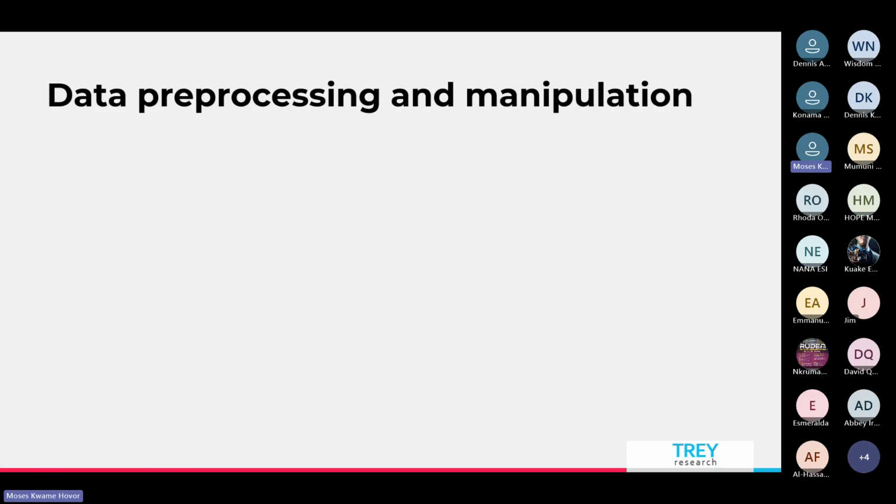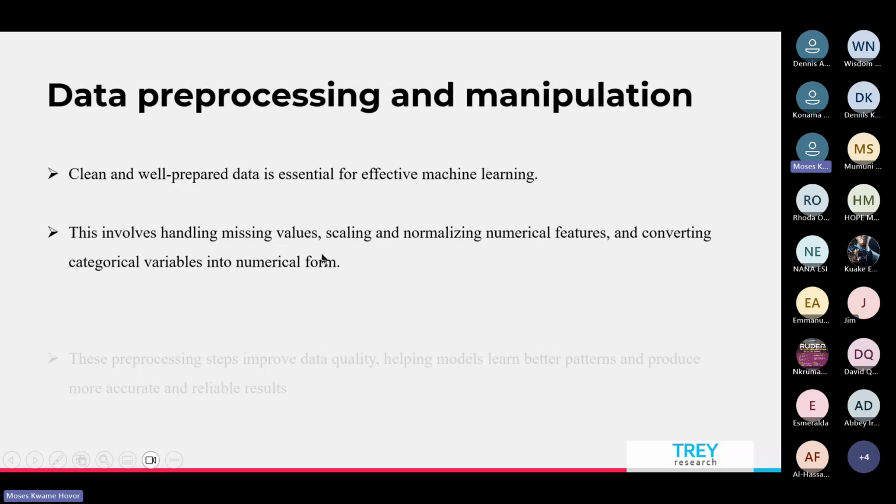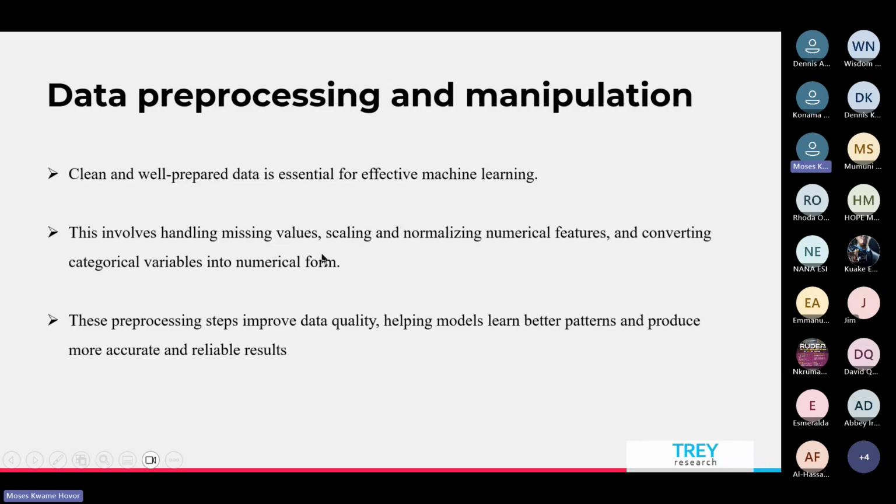So at this point, we'll be talking about data pre-processing and manipulation. If you want to build a machine learning algorithm, you have to do certain things first. Just like how if you want to analyze data, you have to do an EDA.